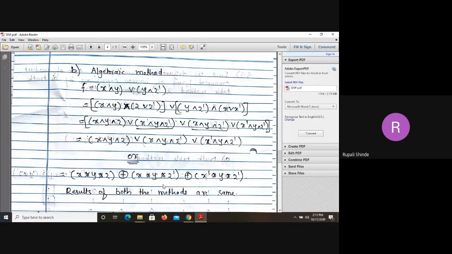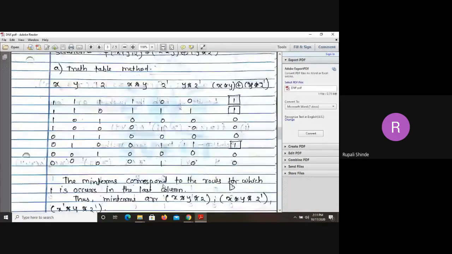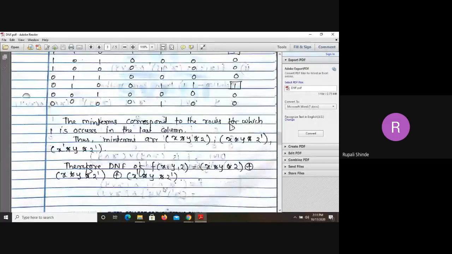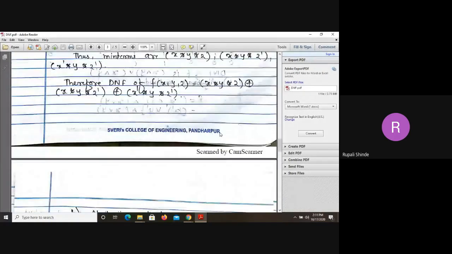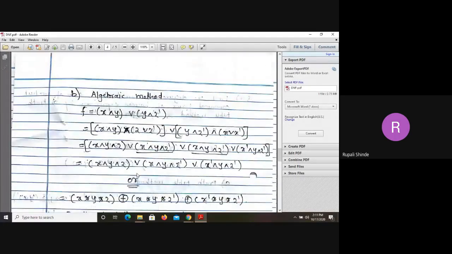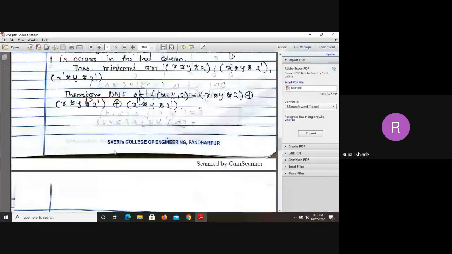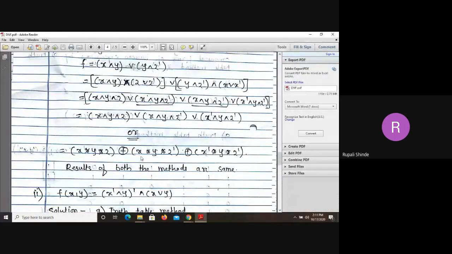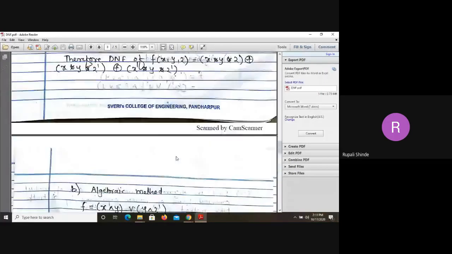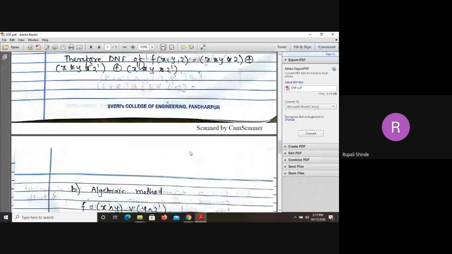Now check here whether we got the same answer using both methods, by using the truth table and using the algebraic method. Okay. Using the truth table, we got the answer as x star y star z, XOR x star y star z complement, XOR x complement star y star z complement.